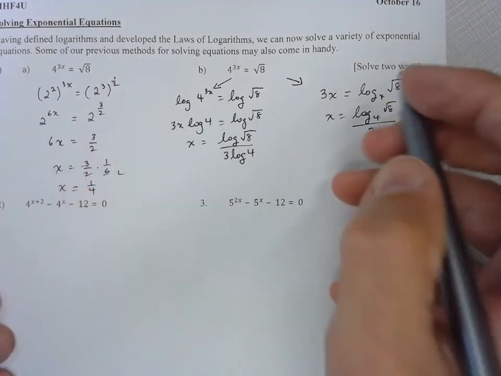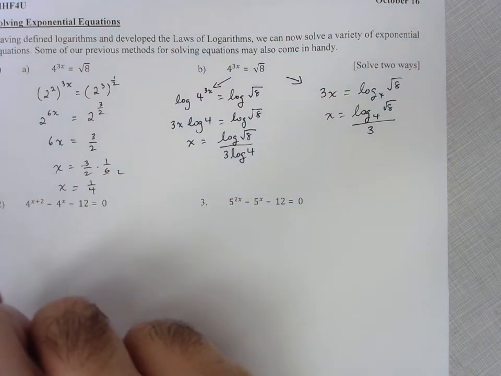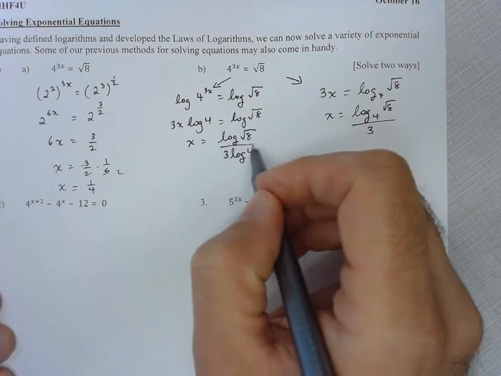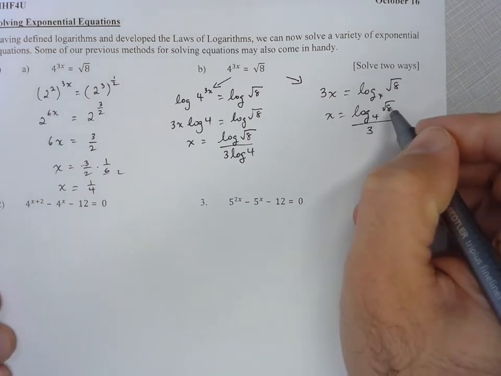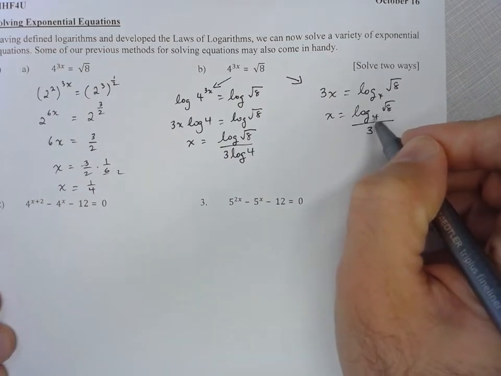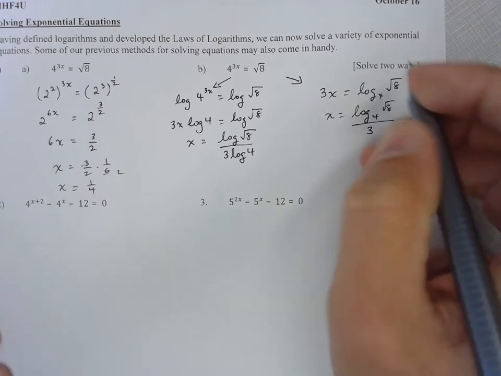Okay, the question is how could I solve this to get the 1/4 without my calculator? Now, this side here, not too obvious, but I see log base 4 of root 8. And this is where I might think, hey, why don't I turn this into base 2, which I can do with my change of base formula, and then hopefully I'll be able to work with root 8.